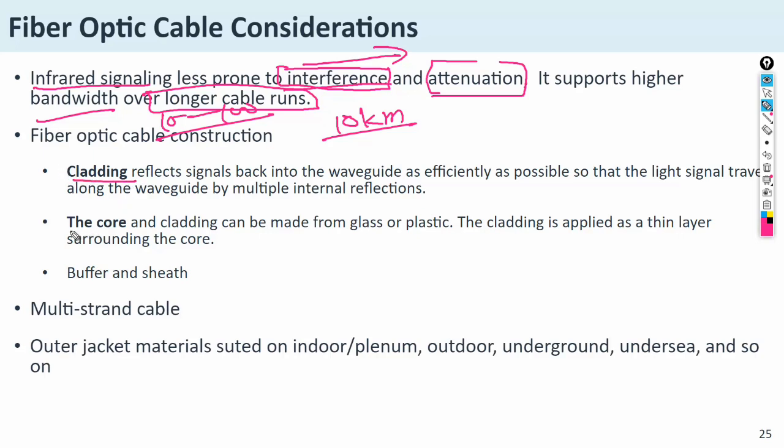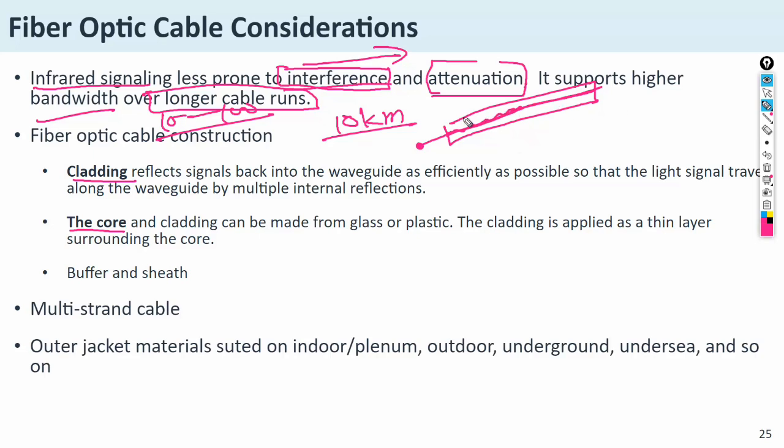One is the cladding, another is the core. What I actually want to show you is the cable, and there is an optic inside it, and the data is traveling inside the optic only.